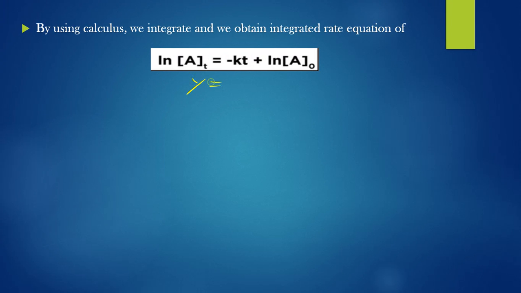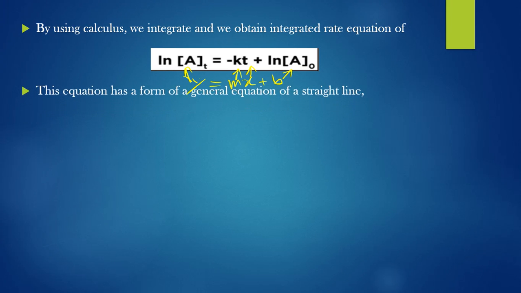and then this is taking the form of a straight line, which is mx plus b, where this y is this concentration you are seeing here, and this m is the gradient. So here it's a negative slope, that's the gradient, and this x is the time, and then this constant b is the initial concentration. So this is the form of the general equation of the straight line. I'm sure it's clear now to you.